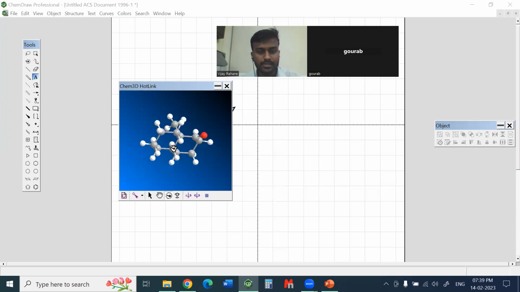See, here only I think it's not possible to zoom this one. So here only you can see. I will just keep the structure, so whatever is written there.